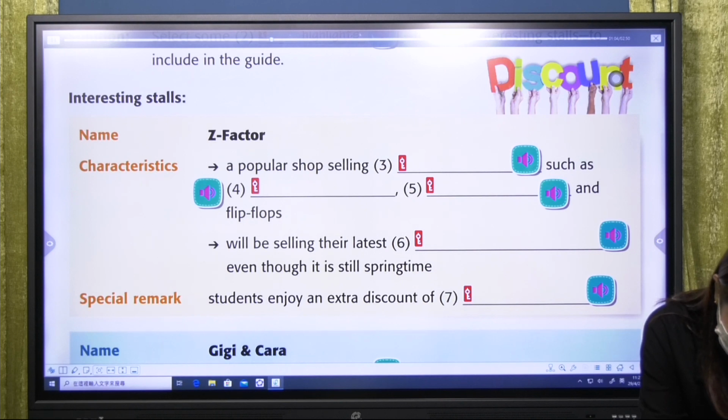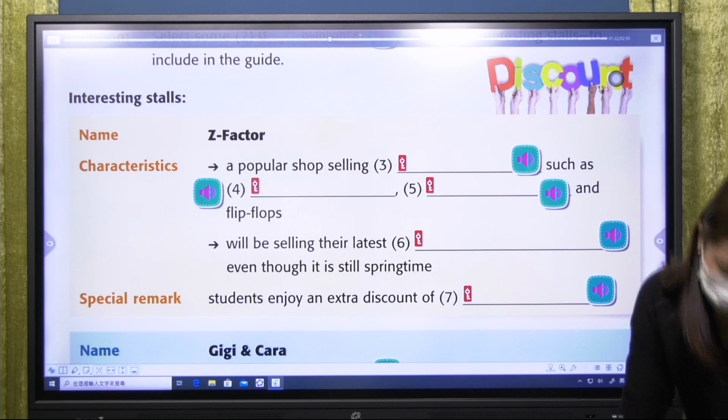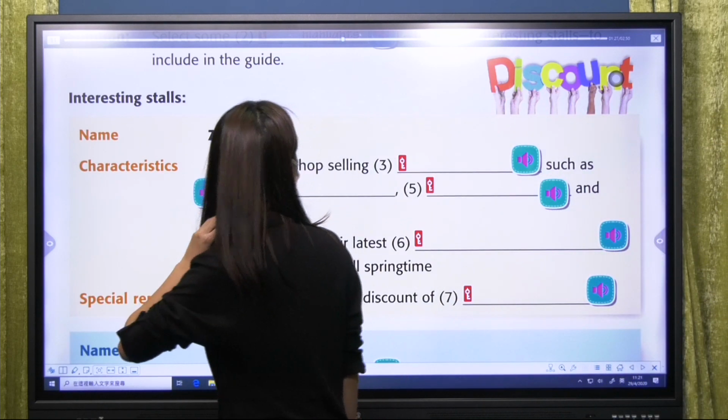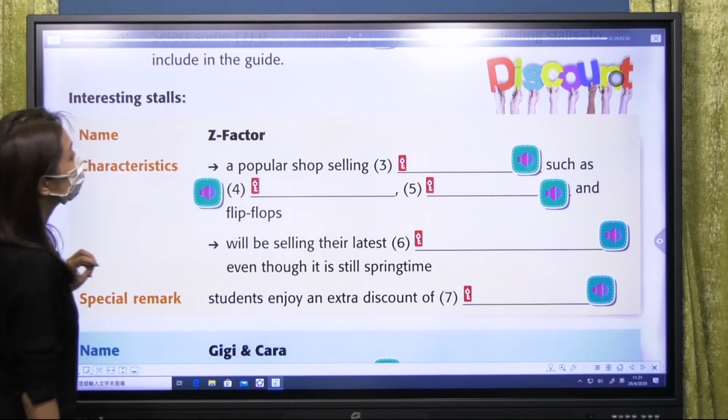Mostly casual stuff. Spaghetti tops, jeans, flip-flops, things like that. It's still springtime now, but they'll bring their latest summer collection to the sale. They're also giving us an extra 20% discount. 20%? That sounds great. Let's include that.